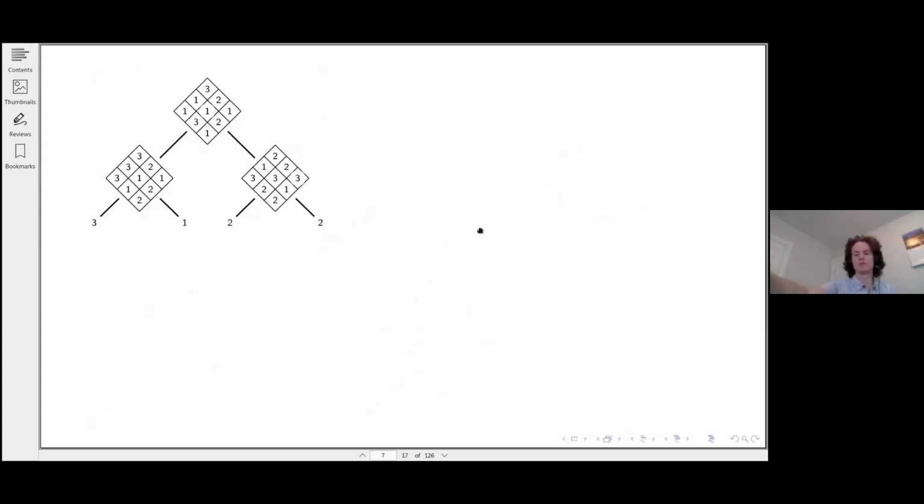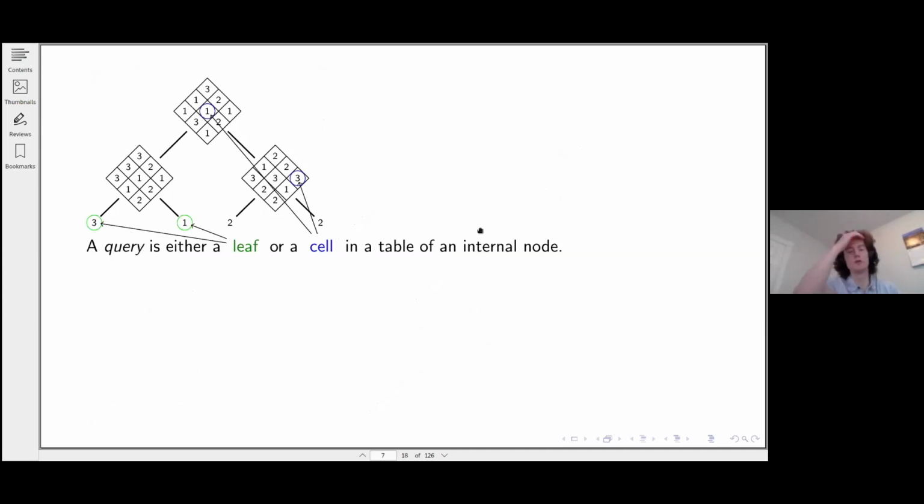So to understand a branching program, here's the input to the problem again. I'm going to say a query is any piece of that input that we might want to read. So a query can either be a leaf node, or it can be a specific cell in one of the tables of any internal node.